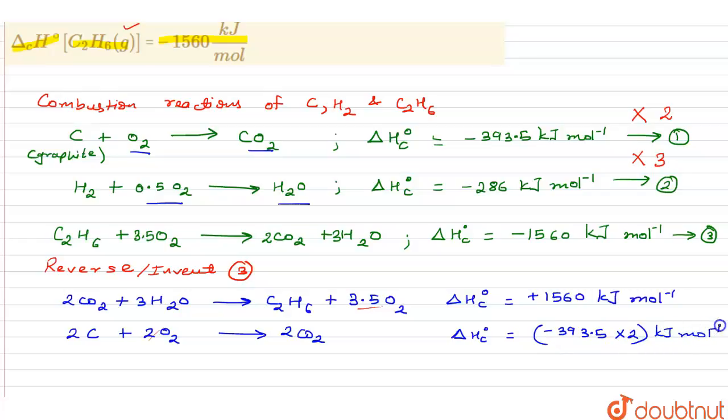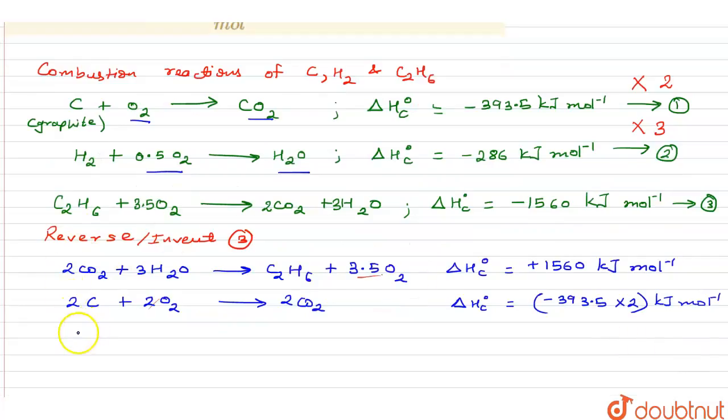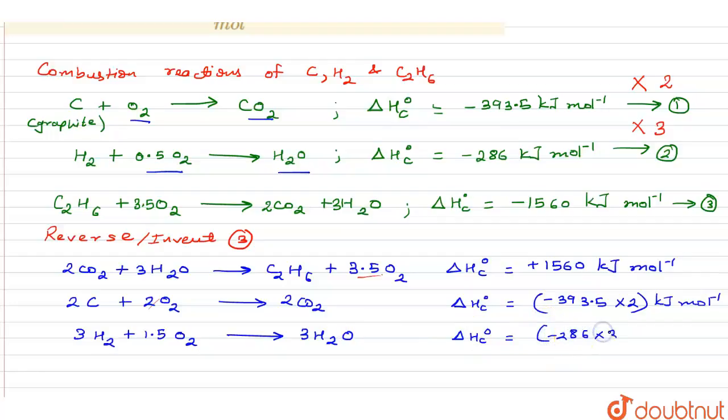Similarly, the multiplication with 3 is going to fetch me 3H2 plus 3 into 0.5, so 1.5 O2, giving 3H2O. So the ΔHc value also changes to minus 286 into 3 kilojoules per mole.